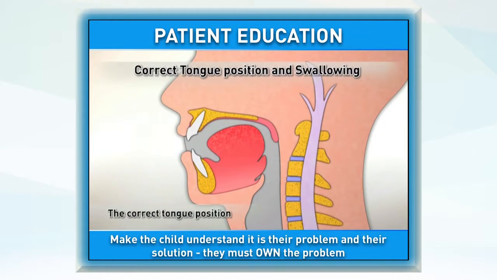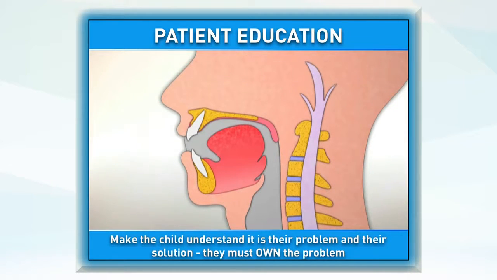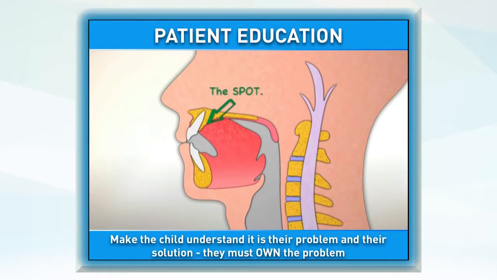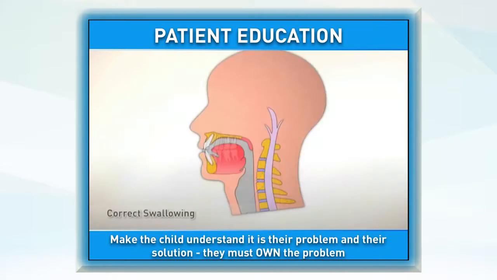Again, same thing. What's the correct swallow? So every time the child comes in, we show in this animation, that's where your tongue should be, and you'd be surprised how quickly, when the children are watching a video like this, they really understand what the correct tongue position is.